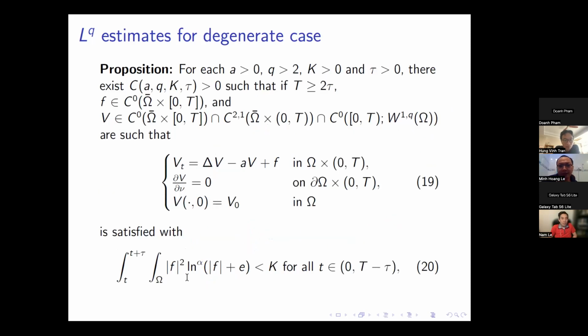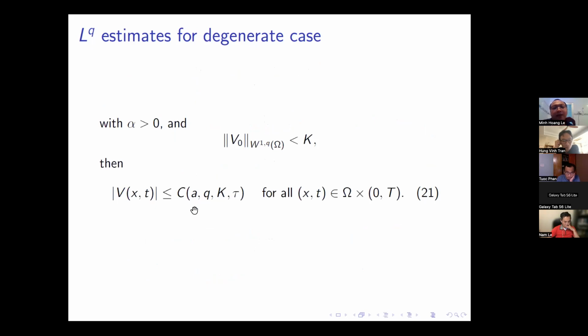For the degenerate case, we need the following theorem. We need to estimate the L-infinity regularity in parabolic equations. So we consider the following proposition: for the parabolic equation, if f satisfies this condition, that the double integral is less than k, then the solution V is bounded.